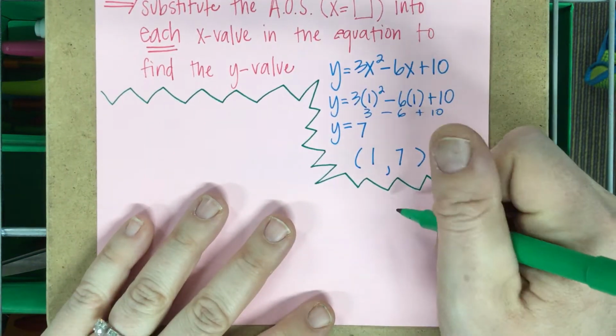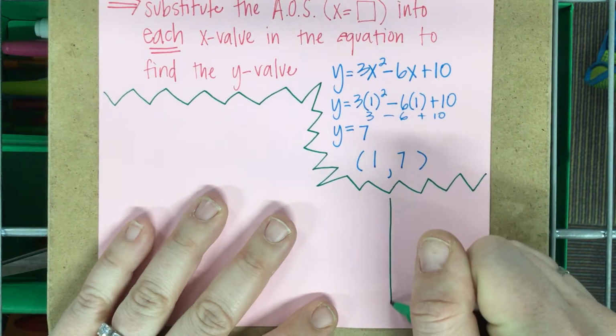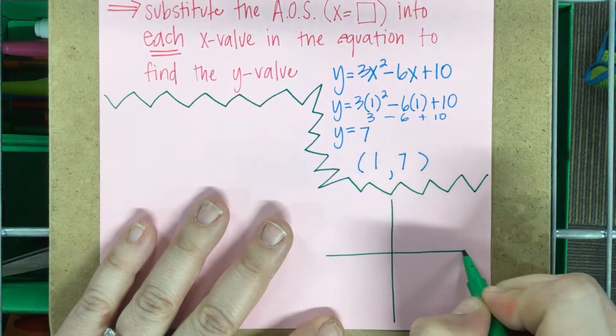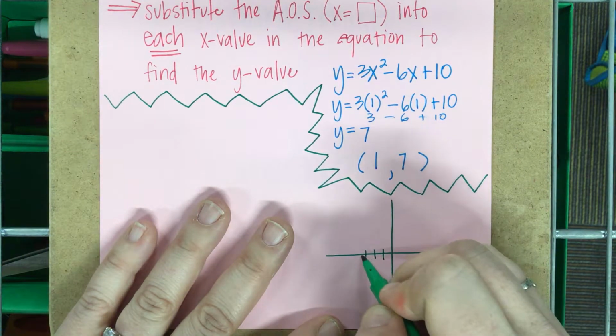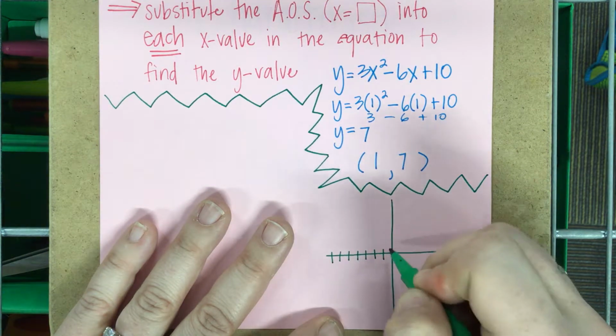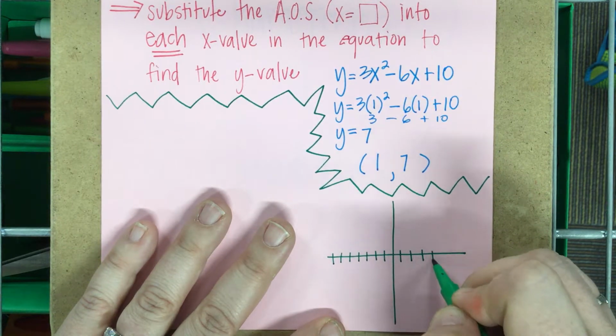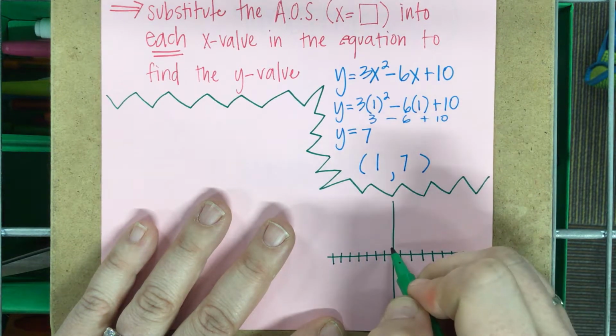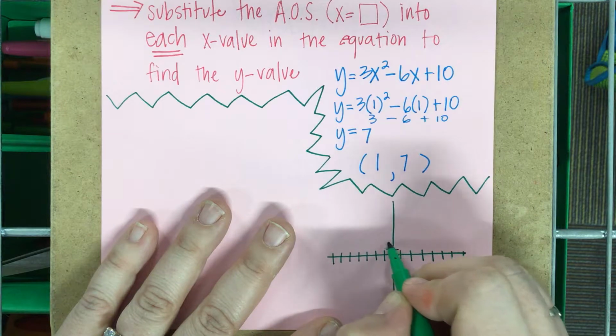I'm going to graph this down here. 1, 2, 3, 4, 5, 6, 7. 1, 2, 3, 4, 5, 6, 7. Uh-oh, I screwed up.